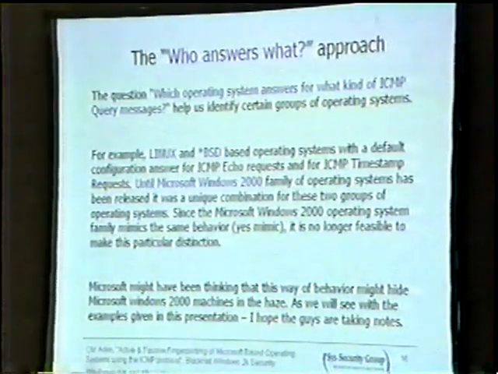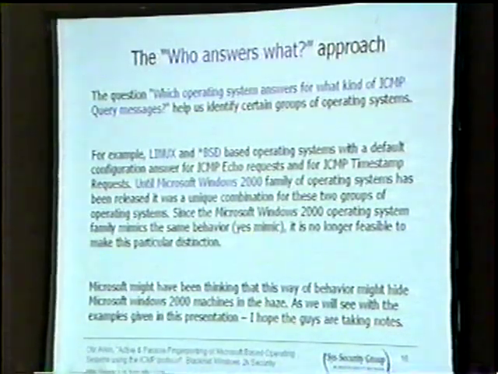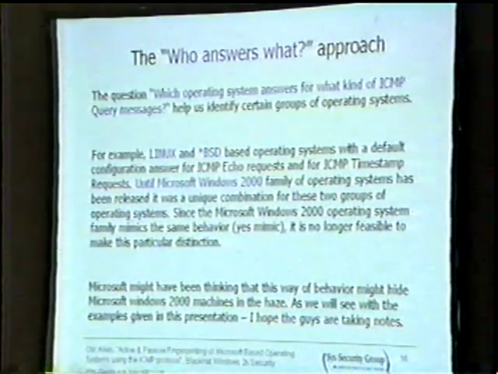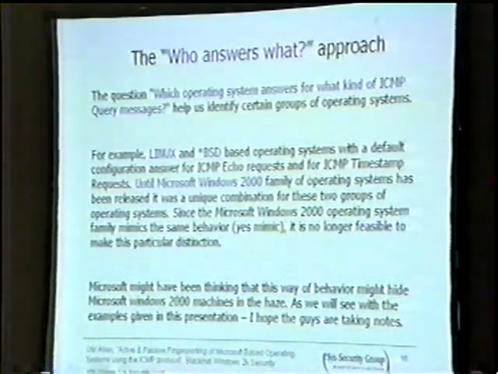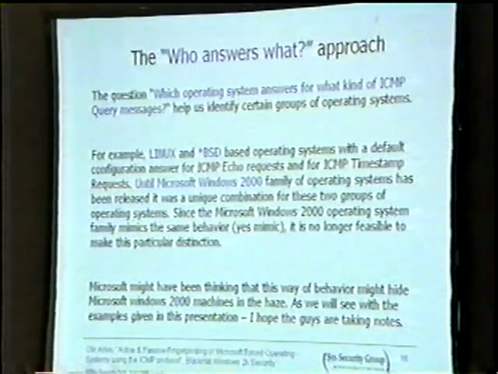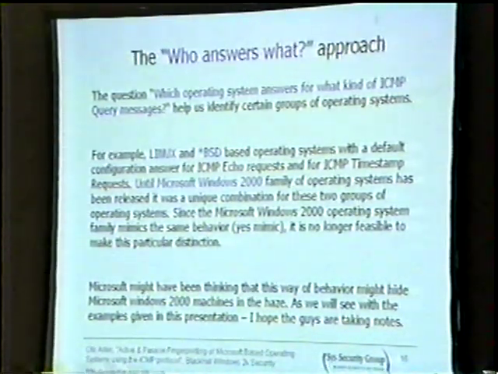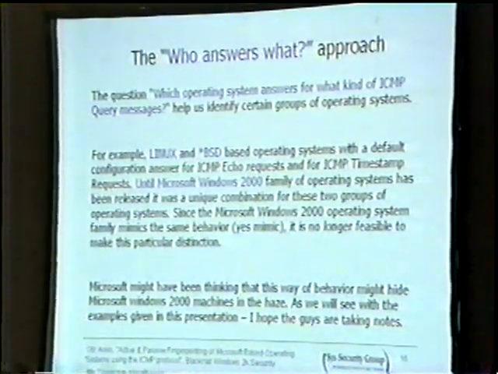This means that I query the host, see what it answered for which kind of query messages, build myself a table or a database holding this information, and then when I probe a host, I will try to correlate the information I get with the fingerprinting database that I have.